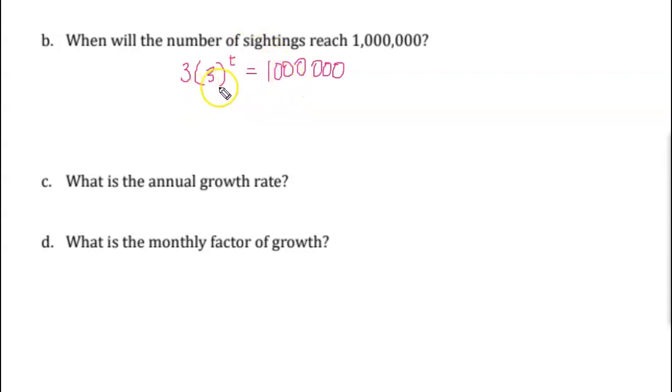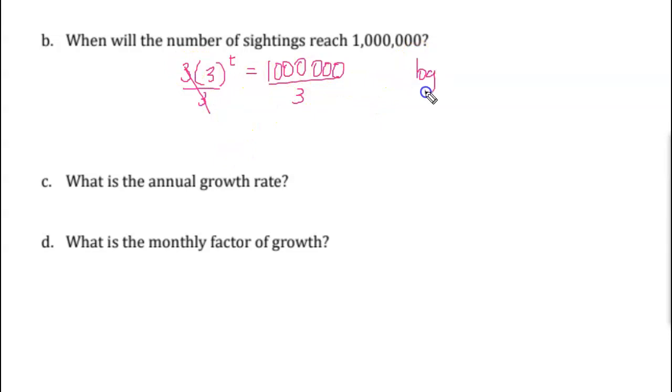If I graph, just remember we have our table and we can graph this line, and then we can go in and graph the horizontal line at 1 million and see where they intersect one another. We can also solve algebraically if we just divide by 3, and then that isolates it.